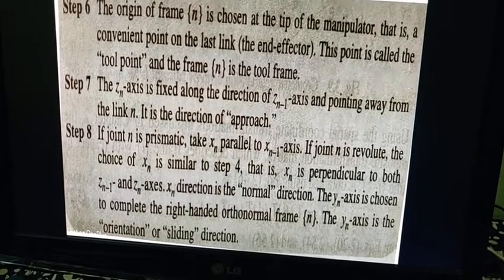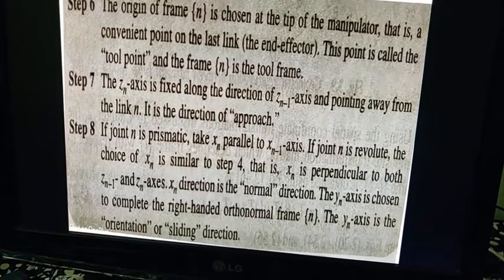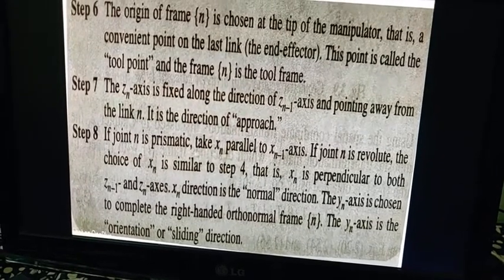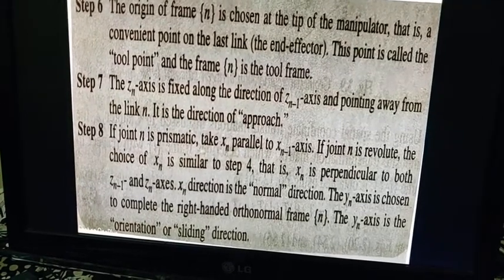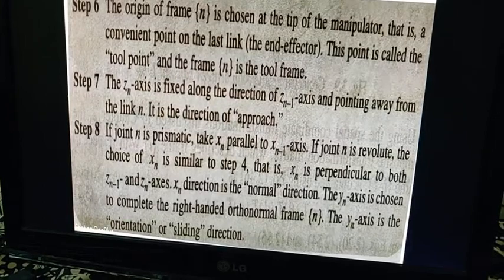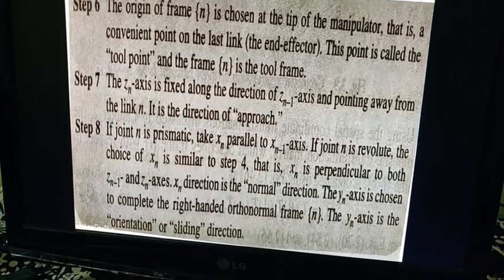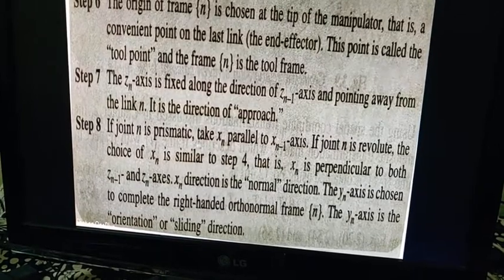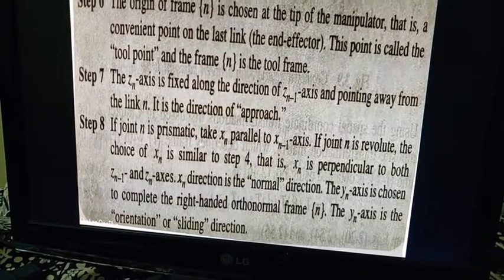If joint n is revolute, the choice of x(n) is similar to step 4. Then x(n) is perpendicular to both z(n minus 1) and z(n) axis. The x(n) direction is the normal direction. The y(n) direction is chosen to complete the right-hand orthonormal frame. In this way, the y(n) axis gives the orientation and sliding direction.